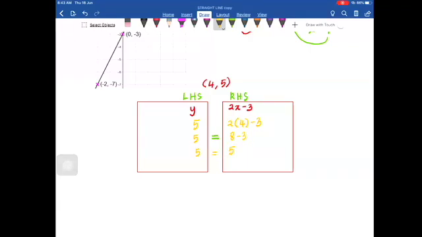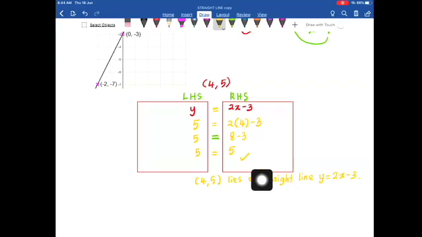So since dia equal, jadi maksudnya 4, 5 ini lies on straight line Y equals to 2x minus 3. Okay, so kena pastikan your left hand side and your right hand side akhirnya mendapatkan nilai yang sama. Barulah dia lie on the straight line.